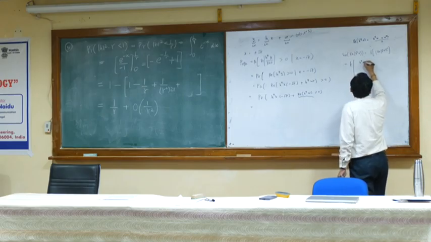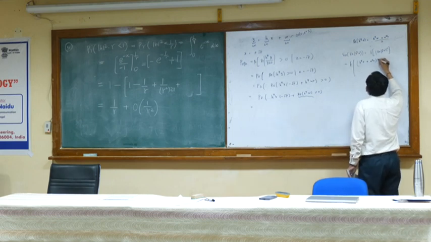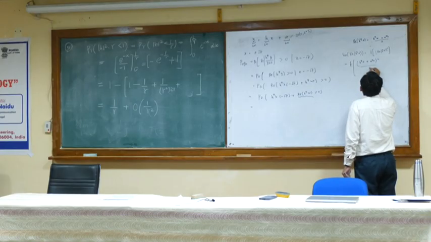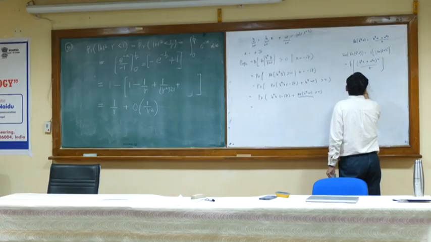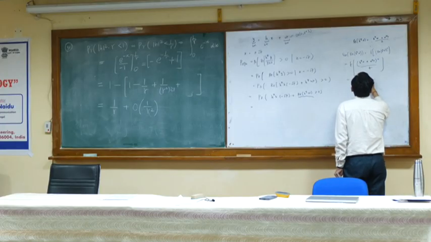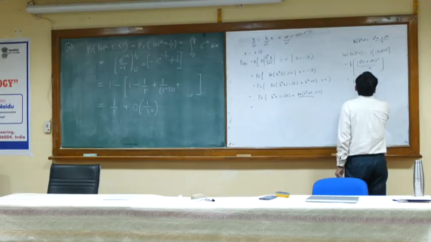So expectation of h Hermitian w plus w Hermitian h, square, divided by 4. It will be a long one.